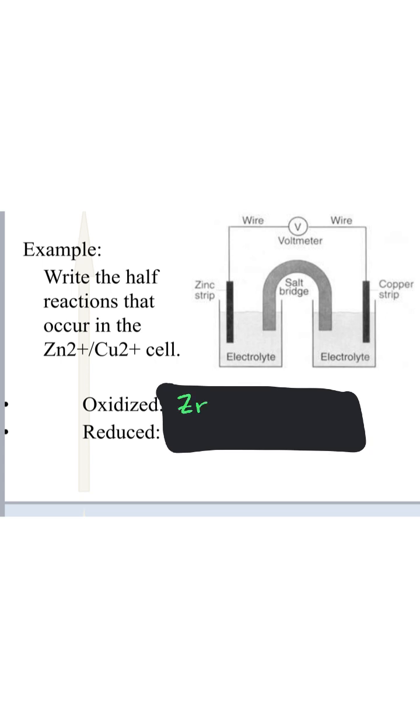So we're going to write zinc is losing electrons, and it tells you in the question that it's losing 2 electrons, which means that copper is going to be gaining those 2 electrons. Again, they're opposites of each other. Everything is opposites in this unit. They're just flip-flopping who gets the electrons and who gives them away.